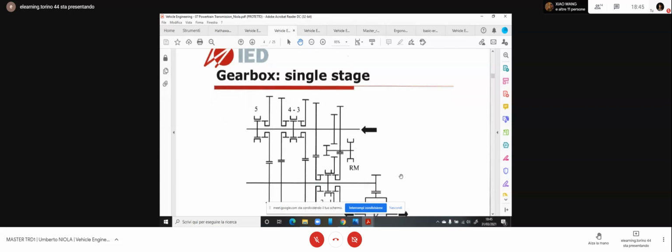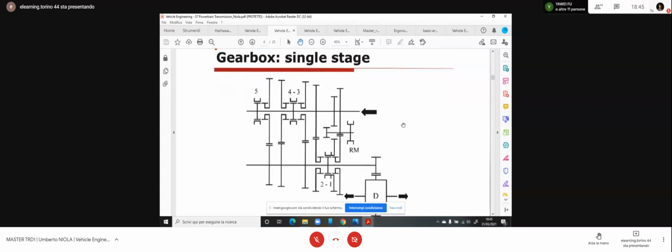So this is a classic representation for a double shaft gearbox with the representation of all the single couples. So the first gear, second, third, fourth, and fifth gear.